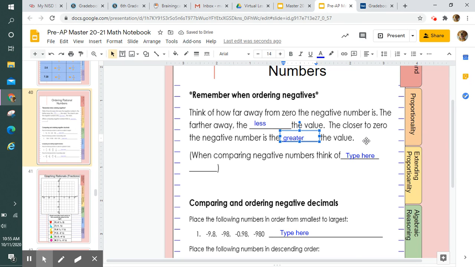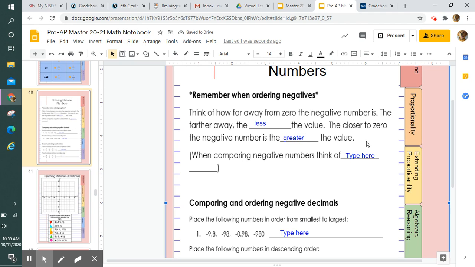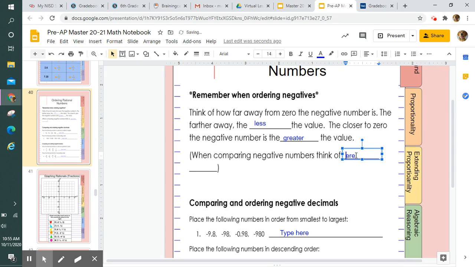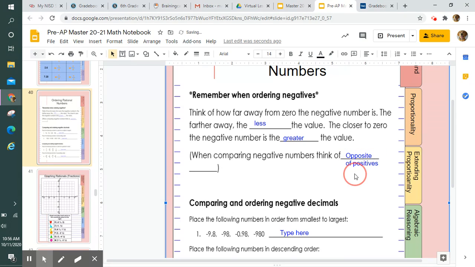Remember, the ones that are closer to zero are greater, the ones that are further away are less. When comparing negative numbers, you think of the opposite of positives. Okay, so those are some helpful hints just to remind us how to use these negatives.